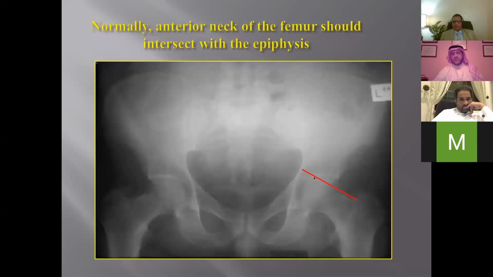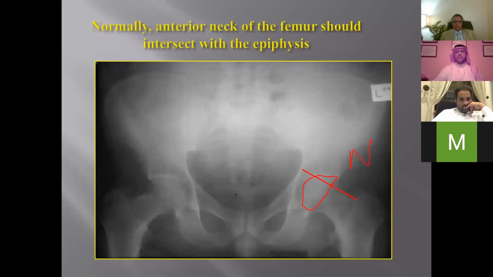This is the epiphyseal part, so this line intersects the epiphysis. This is normal.